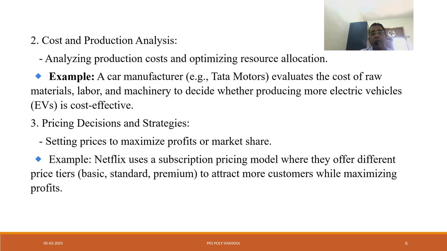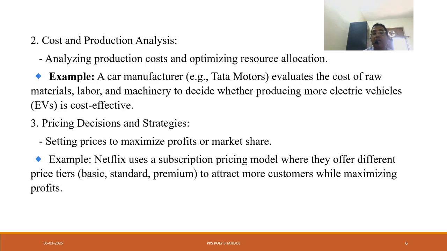So actually what happens is, if a particular company decides the price for a particular segment of customers, then they cannot maximize their profit. If they want to maximize the profit, they should take the customers in totality.